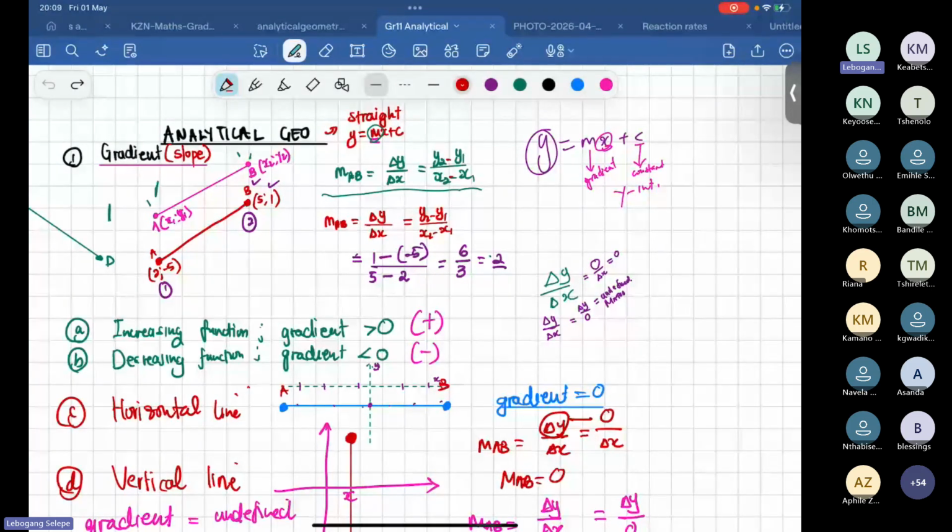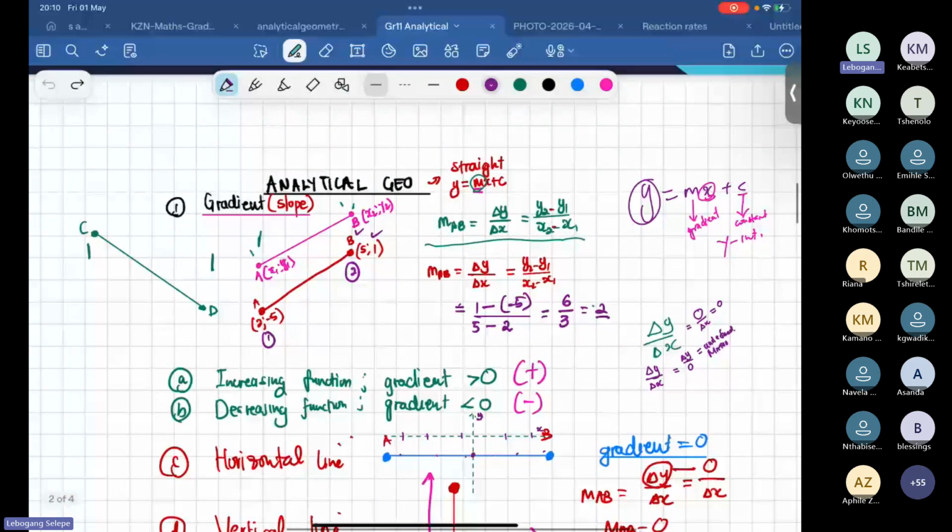I tried to indicate on this side right here that your c represents the y-intercept. Y-intercept, remember, is basically the point at which that particular line will cut the y-axis. That is what we're talking about when we talk about the y-intercept.